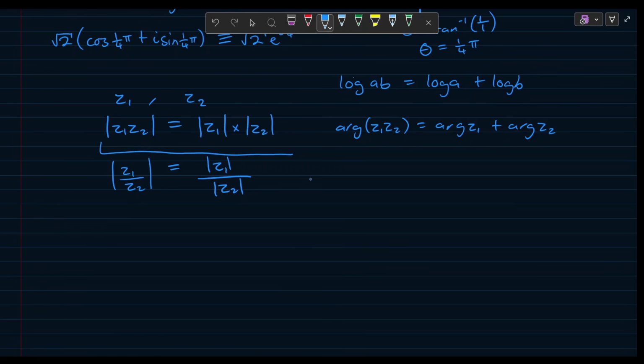And so for this case where we're dividing, arg of z1 over z2 is equal to arg z1 minus arg z2. So these ideas tend to be useful when we're solving some questions on polar and Euler form. So let's look at some past paper questions.